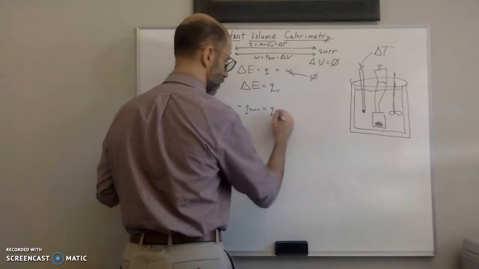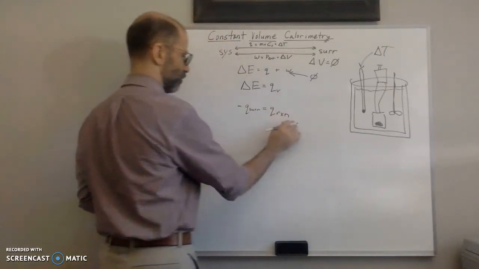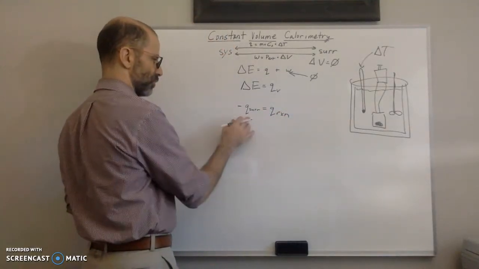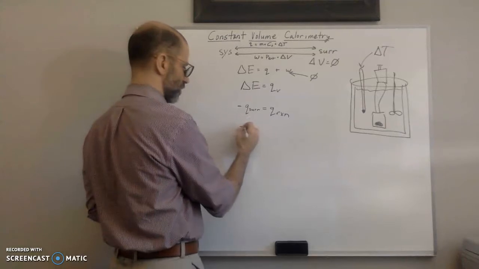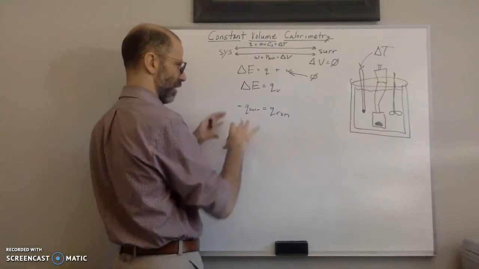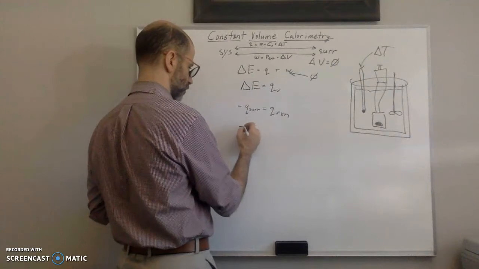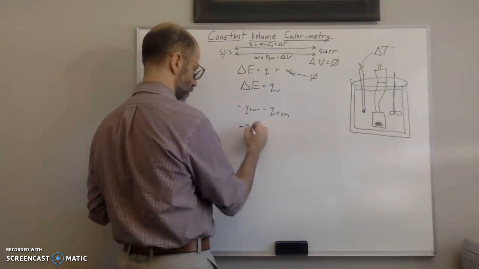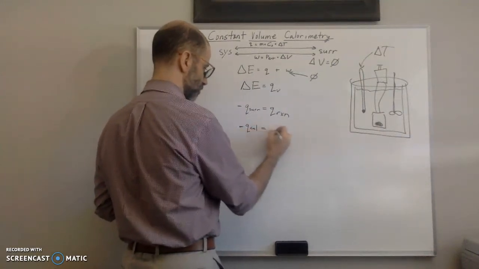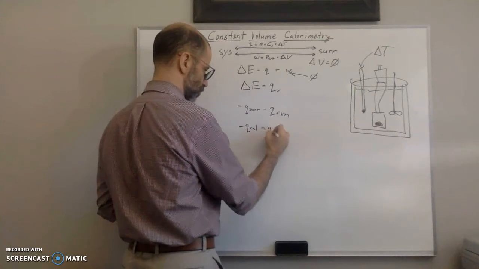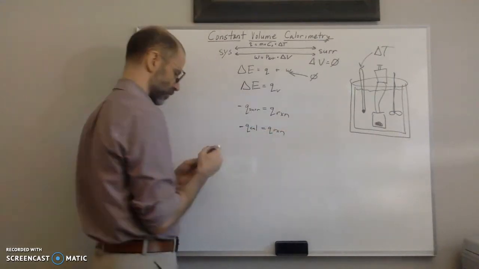So the heat of the reaction is equal but opposite to heat of the surroundings, which is just the calorimeter, everything in the calorimeter except for the reaction. So the Q of the calorimeter is equal but opposite to Q of the reaction.